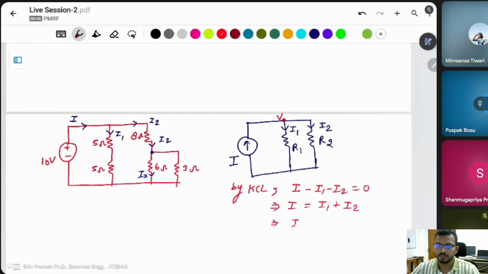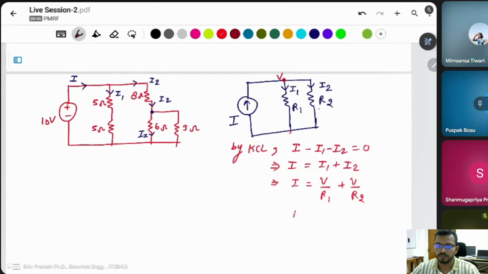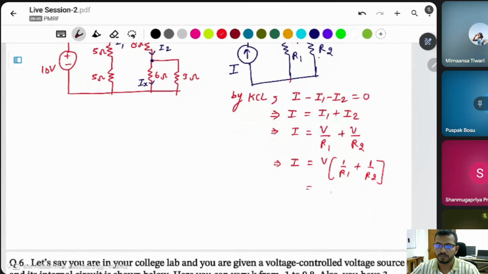Then what is I1? I1 is V divided by R1, and I2 is V divided by R2: voltage source divided by the resistor. Then what is I? Taking V common, 1 by R1 plus 1 by R2. The LCM is R1 into R2, and this will be R1 plus R2.